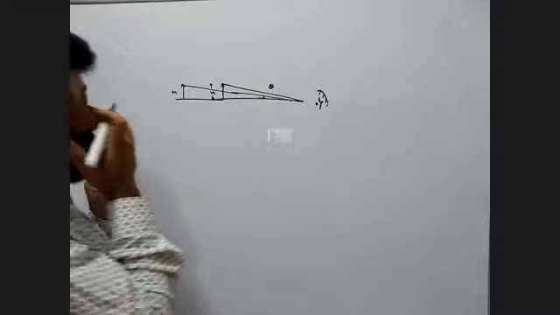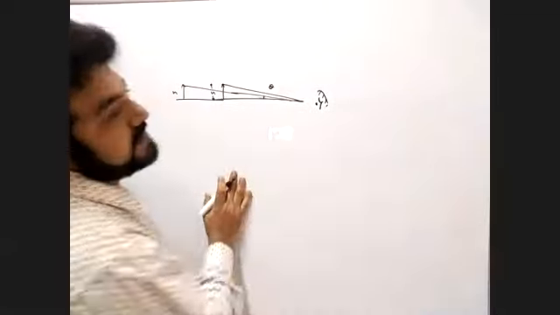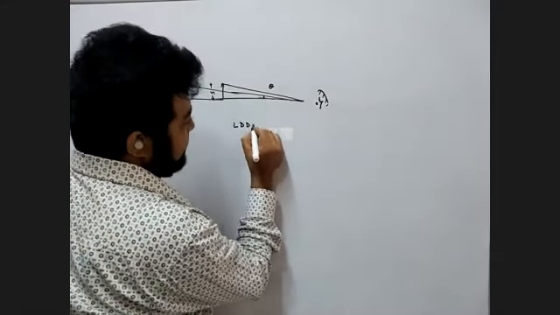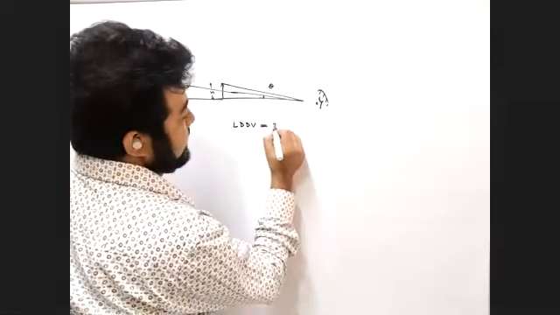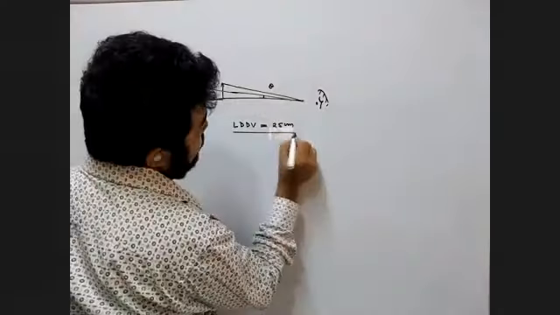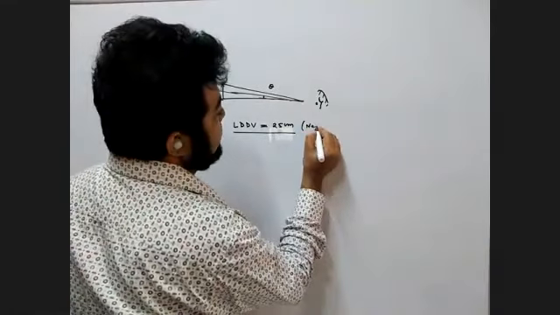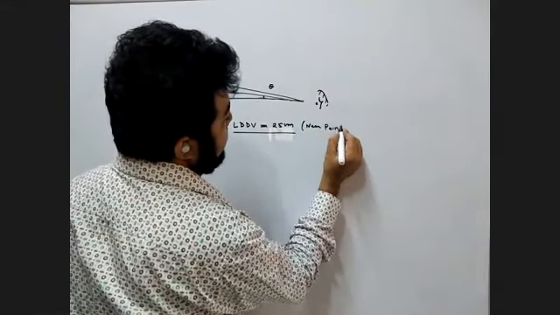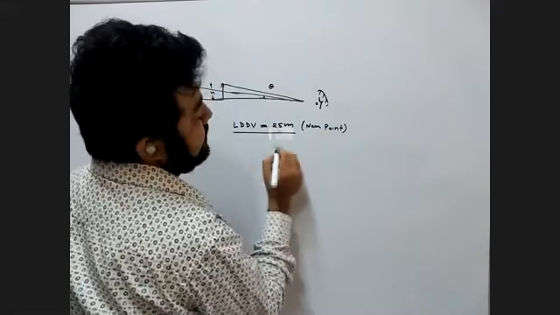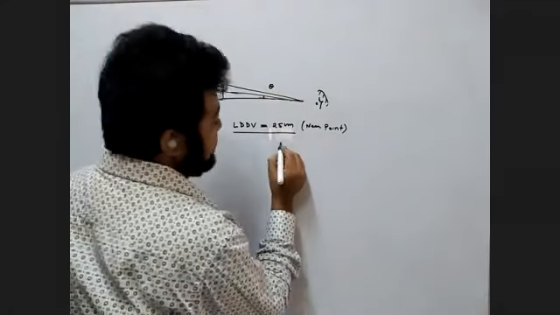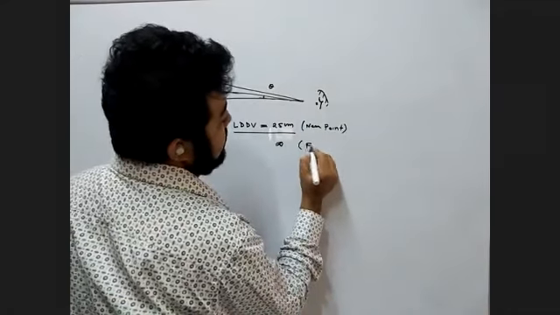So for our eye, the minimum distance from which we can see our object very properly is called the least distance of distinct vision, and that is 25 centimeter for human eye, and this is called the near point. And from this 25 centimeter we can see the object up to infinity, which is called far point.